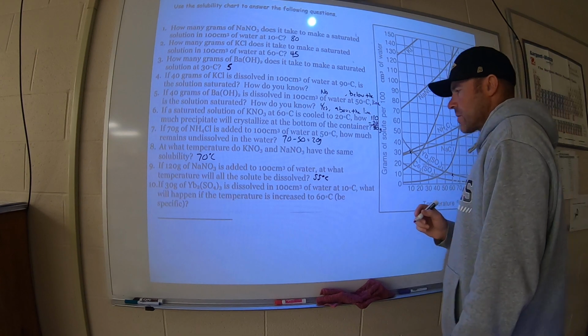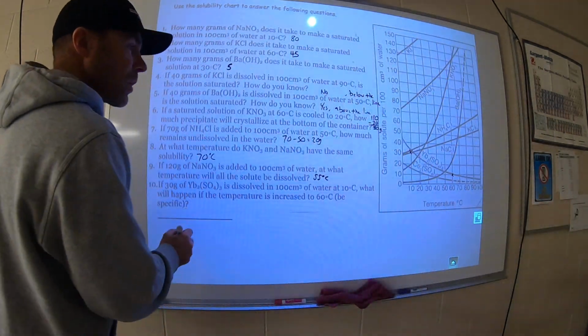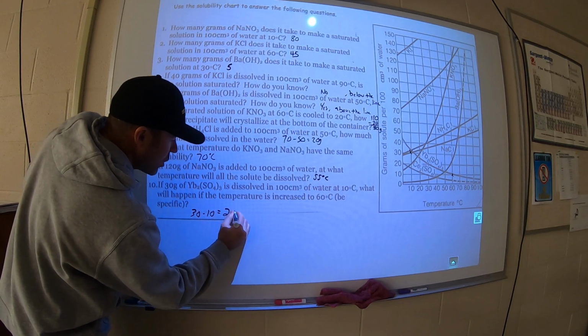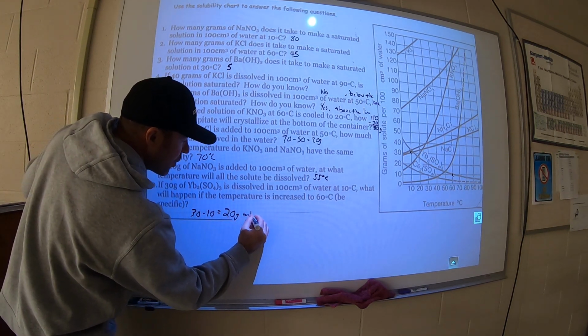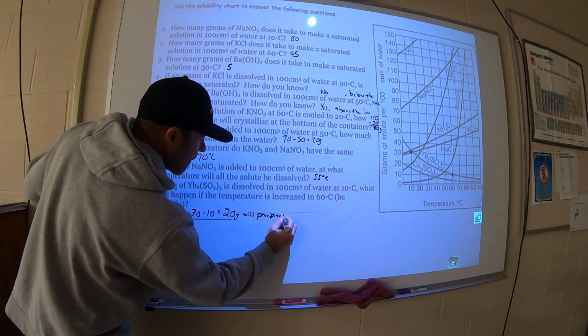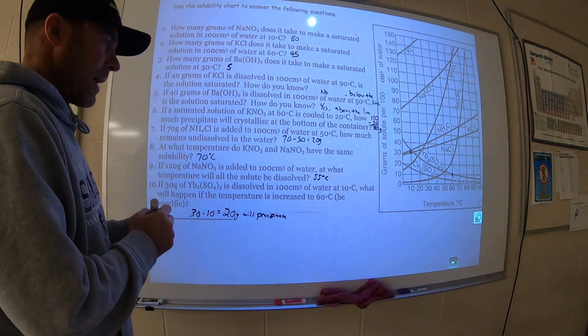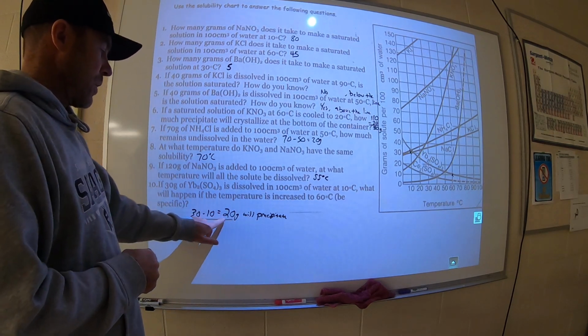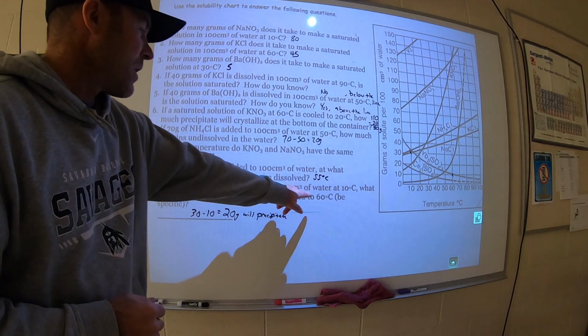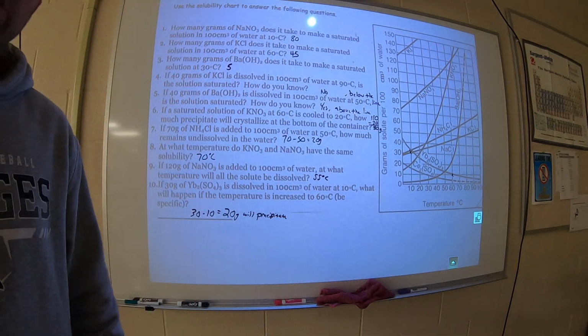So the solubility goes down. So we're going to say 30 minus 10 equals 20 grams will precipitate, and that just means it's going to come out of solution. So 20 grams of rubidium sulfate will come out of solution if we increase the temperature from 10 to 60 degrees, which is 50 degrees Celsius.